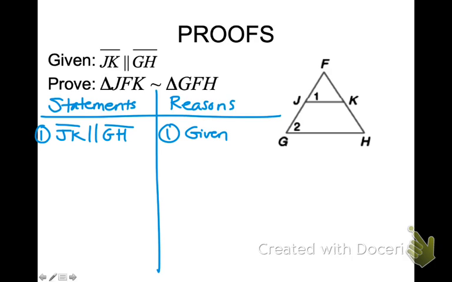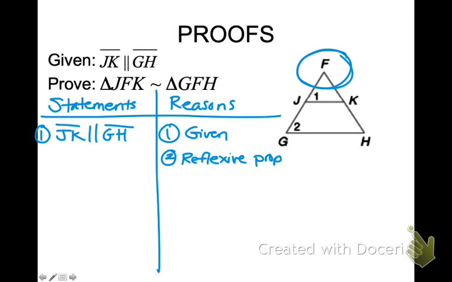Do I have a bow tie looking diagram? Nope, so I don't have vertical angles, which means I'm going to have the reflexive property. But in this case, the reflexive property is going to be that top angle of the overlapping triangles. You see how you have the top triangle laying on top of the big triangle?